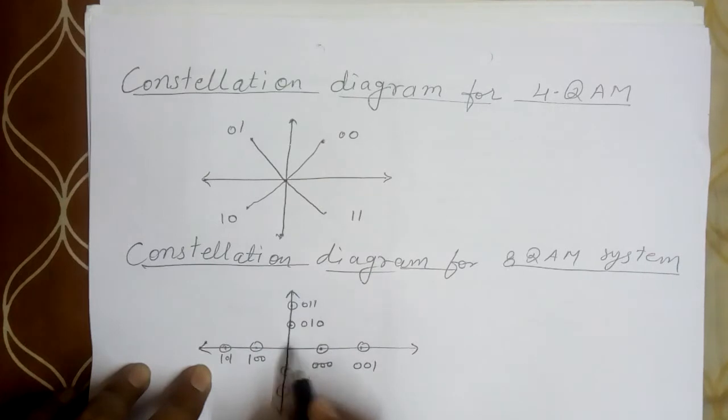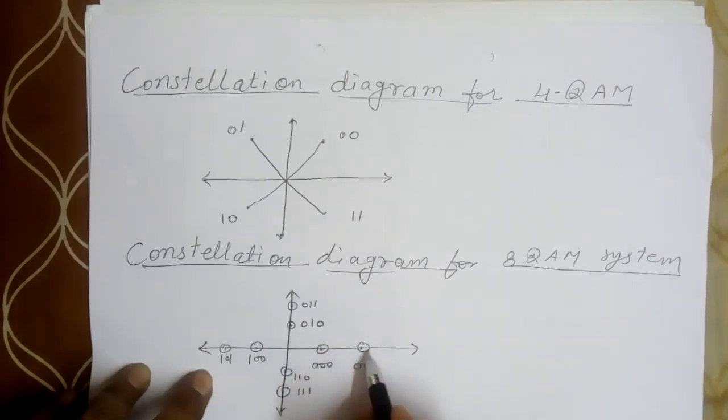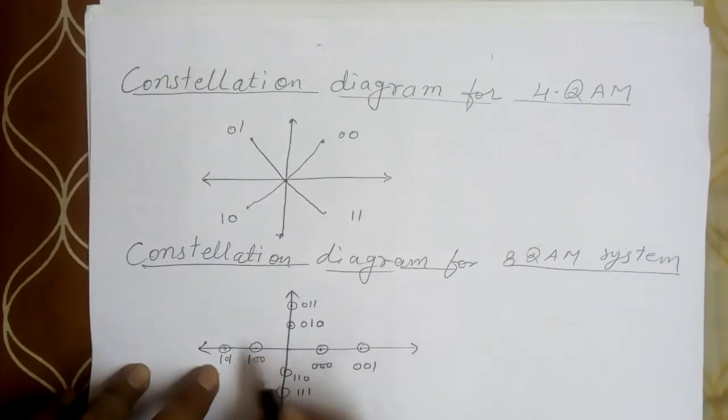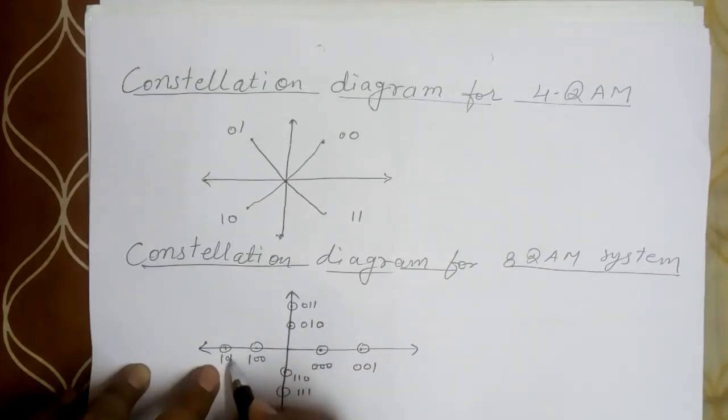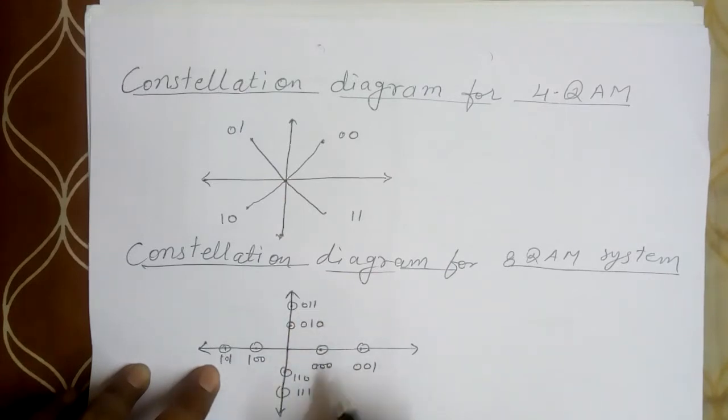Similarly, the amplitude of 001 and 101 and 011 and 111 are same, but they are in different phase.